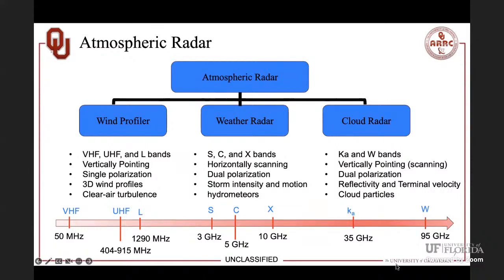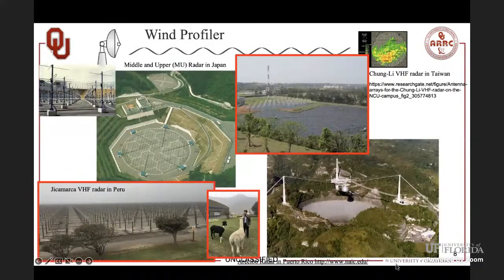Those are very hard to see, but profilers, because of the longer wavelengths, can detect them much more easily. So that gives you some idea about how you can probe the atmosphere. Here are some examples of profilers. There are two different types, based on size. The first type I'm showing you are the big profilers, really, really big.